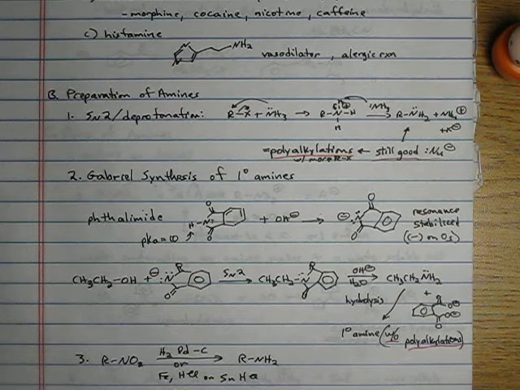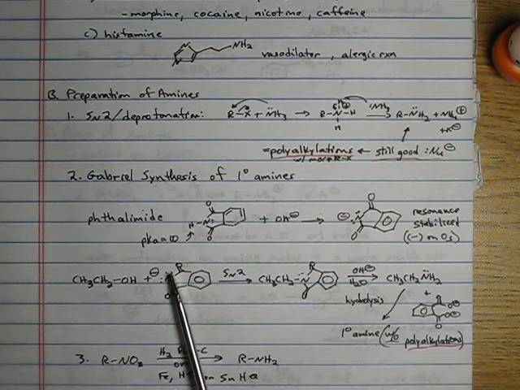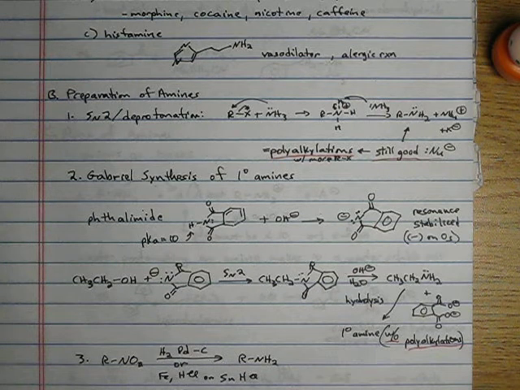It turns out this negatively charged beast in an SN2 mechanism does a really good job of substituting for hydroxide. Recall, hydroxide is normally a very poor leaving group.